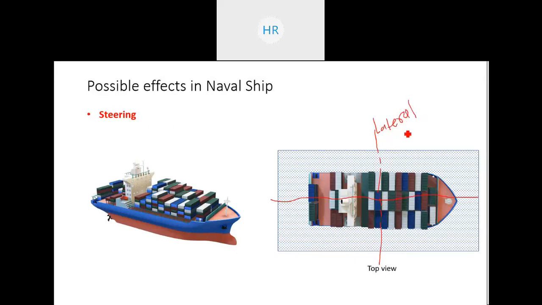This one is longitudinal. You have to remember these two axes. The axis running toward the length of the ship is longitudinal axis, and the axis perpendicular to longitudinal is called lateral axis. Or you can say the axis running toward the width of the ship is called lateral axis.